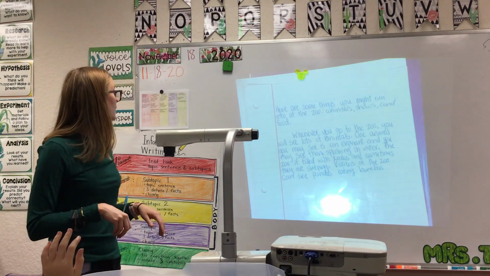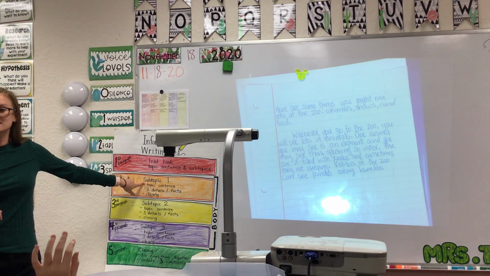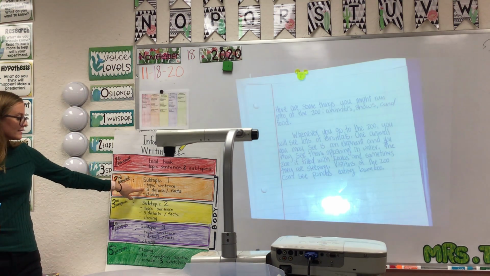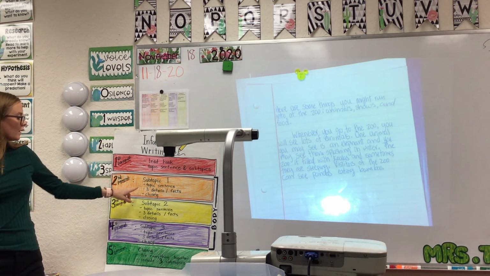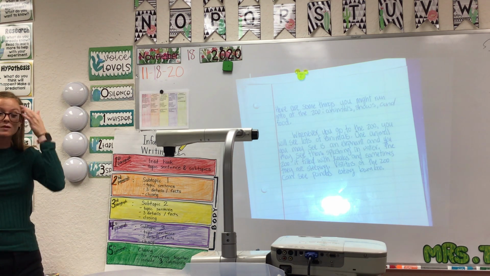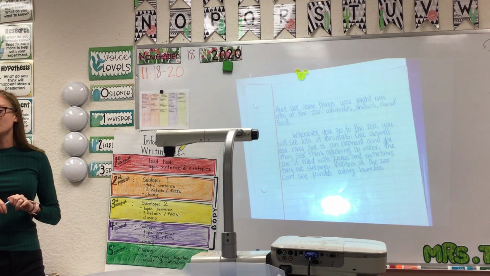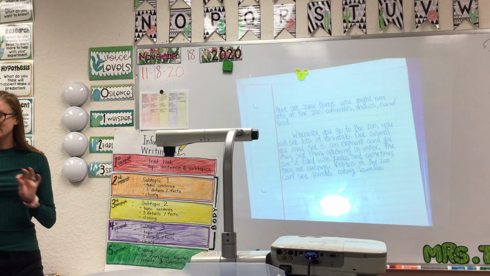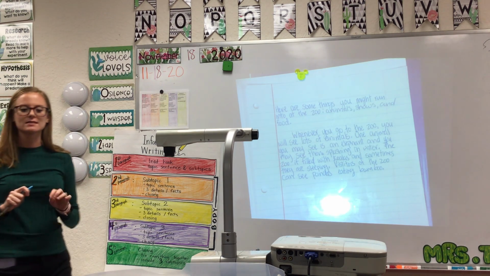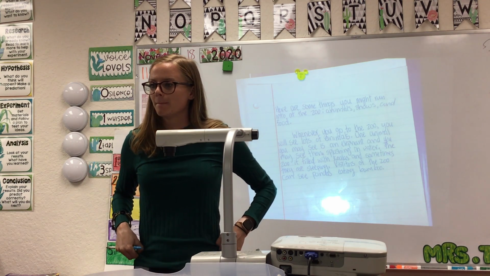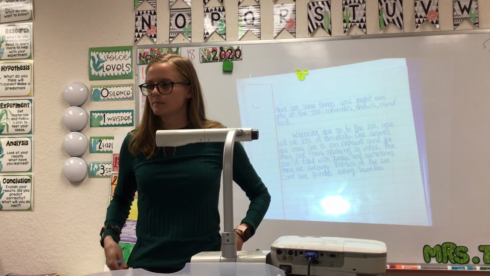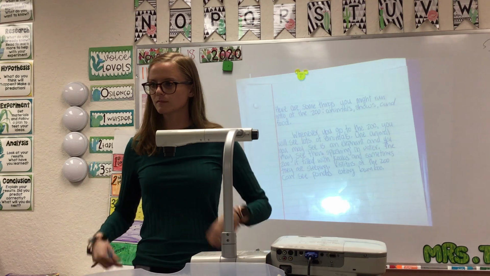Good job. All right, so we have our topic sentence. We have our 3 detail sentences. Now we just need our closing. Our closing is going to be kind of similar to our topic sentence. We're just going to kind of restate the subtopic, but in a sentence. We're just restating the subtopic in a sentence. Any ideas, Connor? Those are some animals that you might go and see in the zoo.